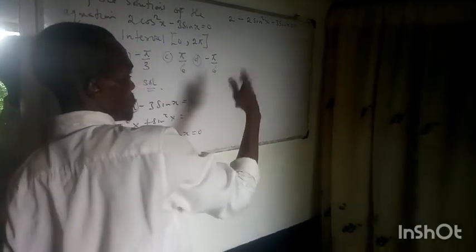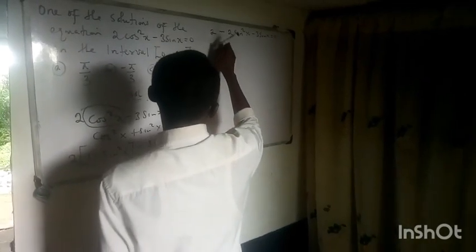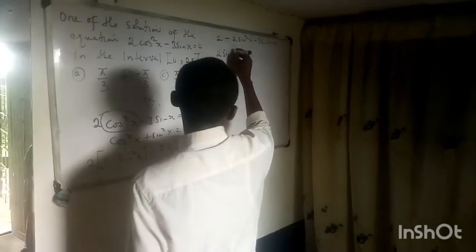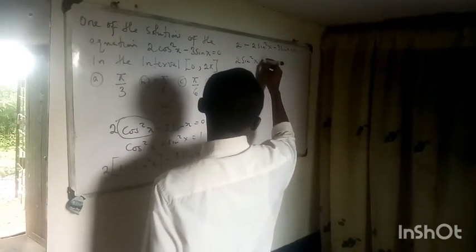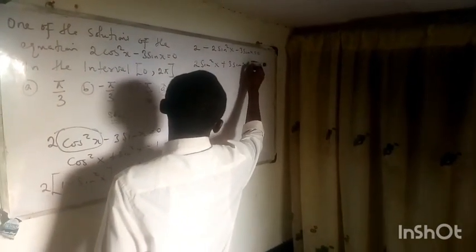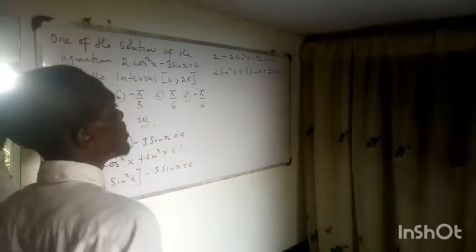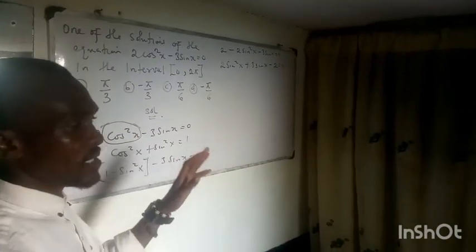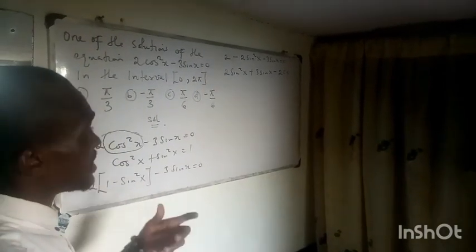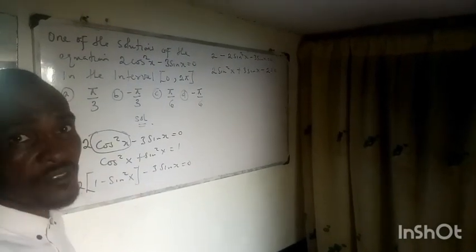Now if we rearrange this, multiplied through by negative, we should have 2 sine square x plus 3 sine x, then minus 2 equal to what? 0. Now what is this looking like? It is actually looking like an equation in quadratic form.